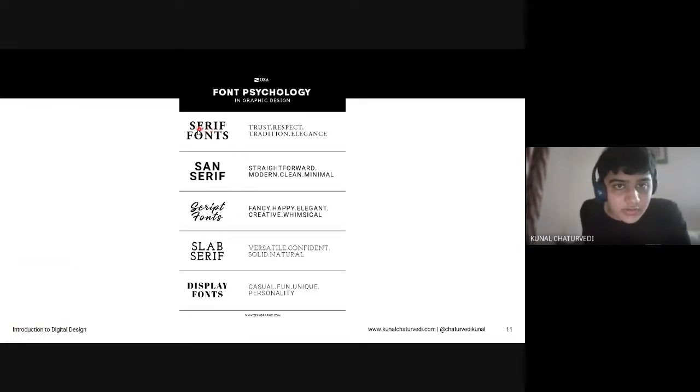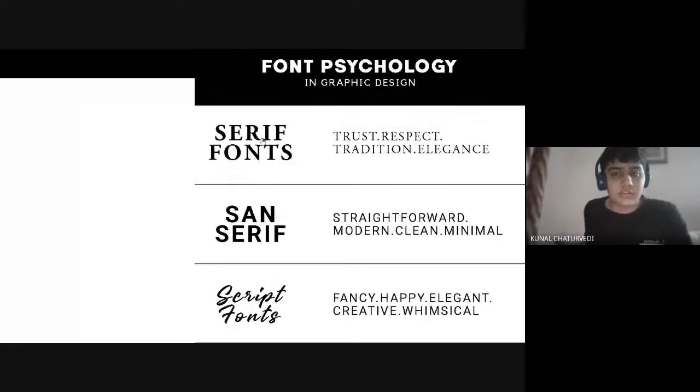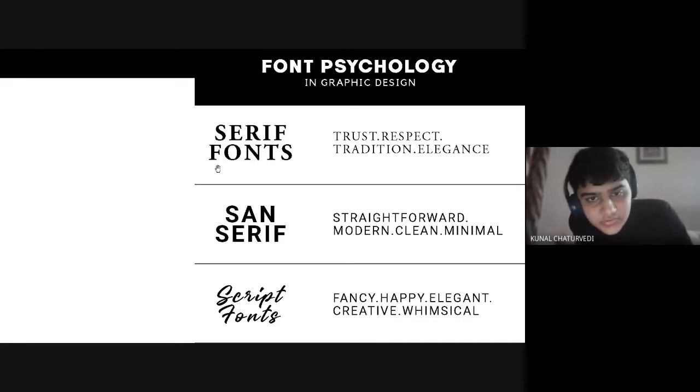Let's say, can I zoom in? So yes, the serifs are the things which come out of the letters on the ends. Like you would see on the F, there are some slabs coming out of the letter. So those are called serifs.